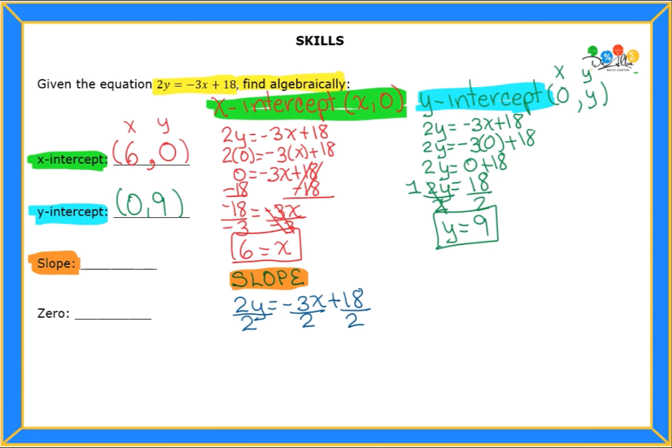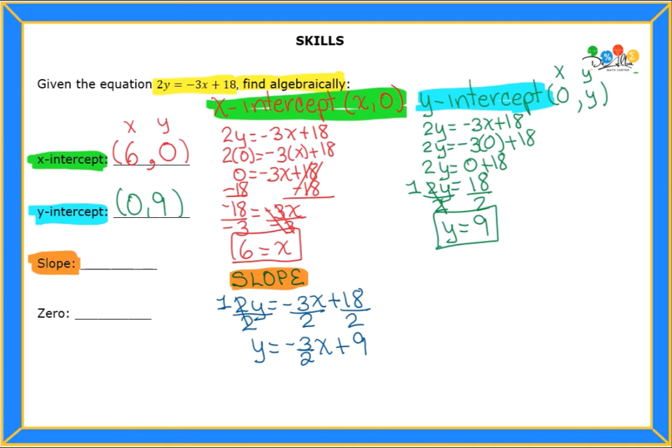Notice how when I divide by 2, I am dividing each term on the right side of the equation. And 2 divided by 2 is 1, which is the same as y equals negative 3/2 x plus 9.